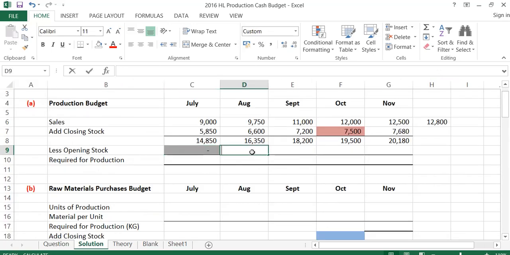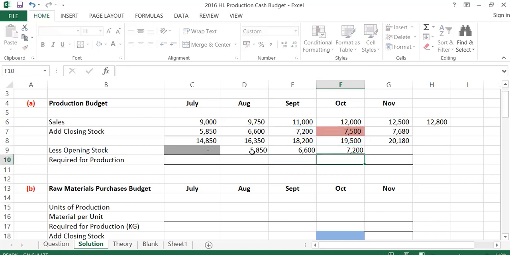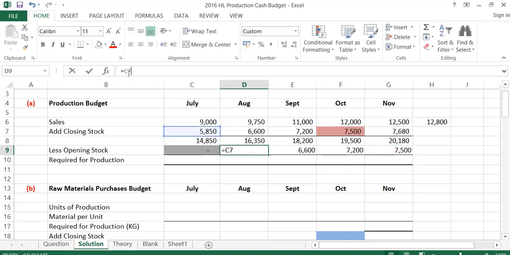And then the opening stock in August will be simply the closing stock in July. The opening stock in September, closing stock in August. Opening stock in October will be the closing stock in September. And the opening stock in November will be the closing stock in October. And they are all going to be minus figures, so we're taking them away. So I'm just going to put those in as minuses.